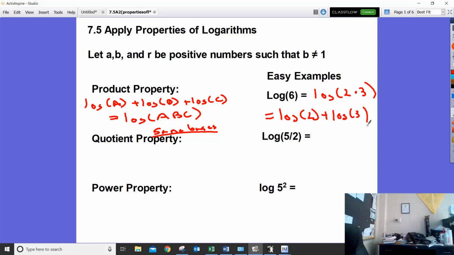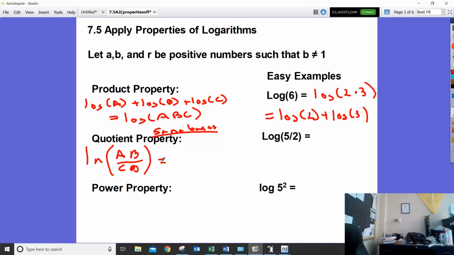Quotient properties are going to be about division. And I'll write this one out a little bit different. I'll do the division first. Let's say we have a natural log, and I'll use ln just because. A times B sitting over C times D. So natural log of AB sitting over CD.